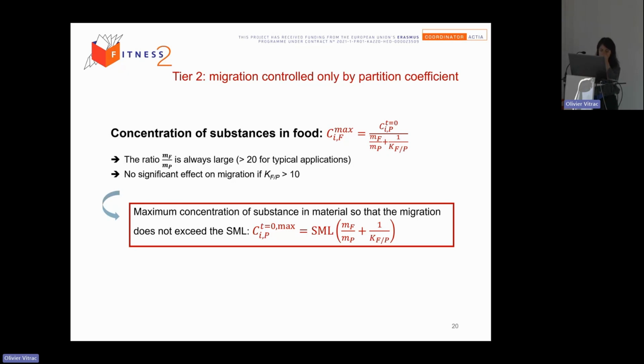In the case where the ratio of the mass of food to the mass of packaging is always large, and we have a big partition coefficient, KFP larger than 10, we don't have a significant effect of K. So it becomes the total migration assumption, the first strategy. And in the same way, if we need to know the maximum initial concentration of this substance in the packaging, we can use these equations.